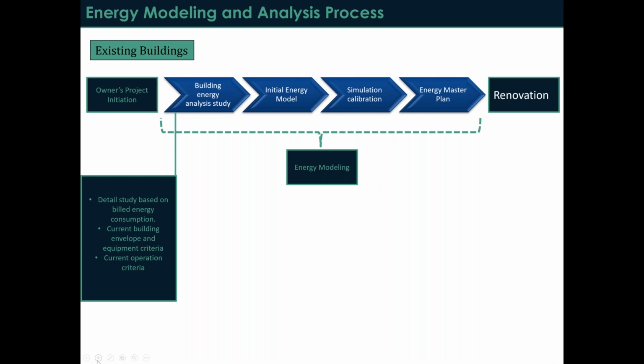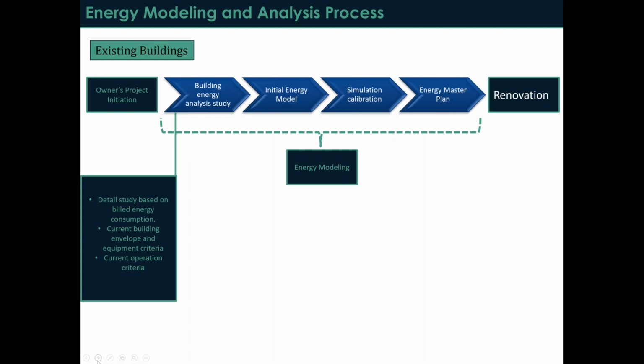Let's talk about the overall process. Owner and designer, building energy analysis should be performed, a detailed study based on the built energy consumption. We need to know the current building envelope and equipment criteria, and the current operation criteria. When we gather all that information, we develop our initial energy model.